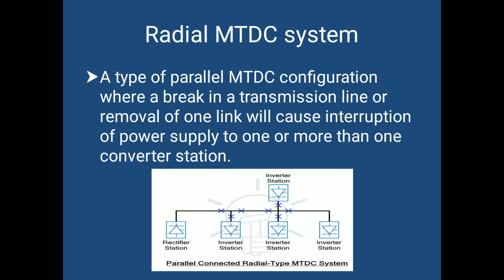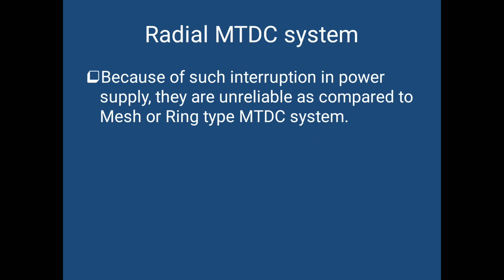So in a radial MTDC system, if you remove any one link, the system will not work. Because of such interruption in power supply, these systems are unreliable as compared to mesh or ring type MTDC systems.